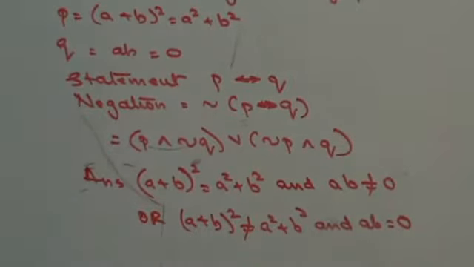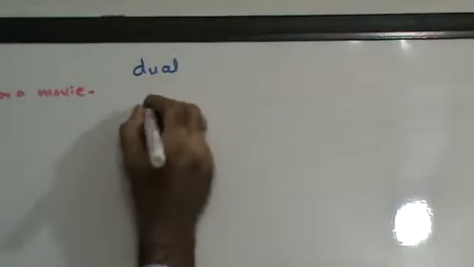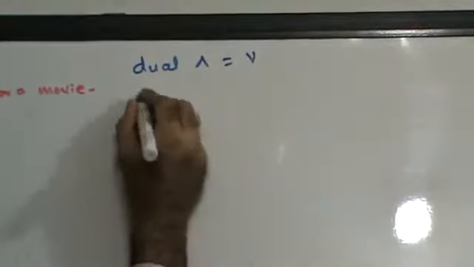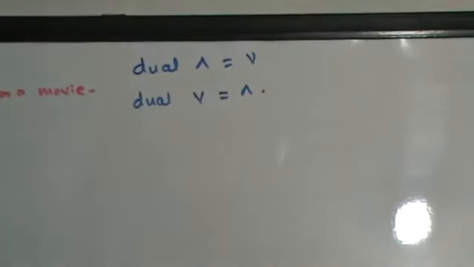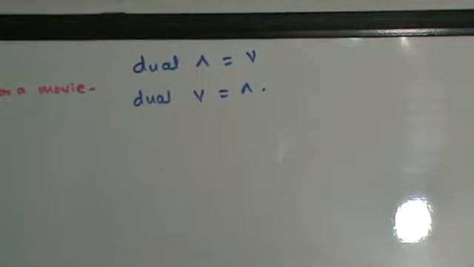Next, how do you find out the dual? Now, dual of AND is OR, and dual of OR is AND. So all you have to do is convert AND to OR and OR to AND.